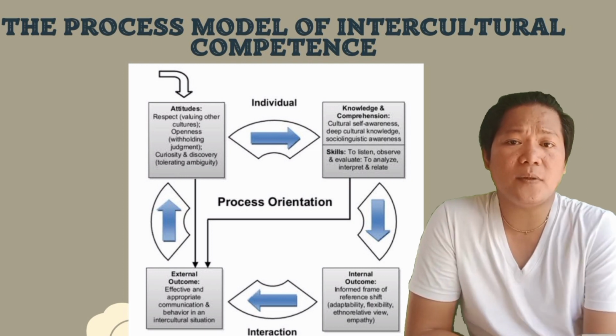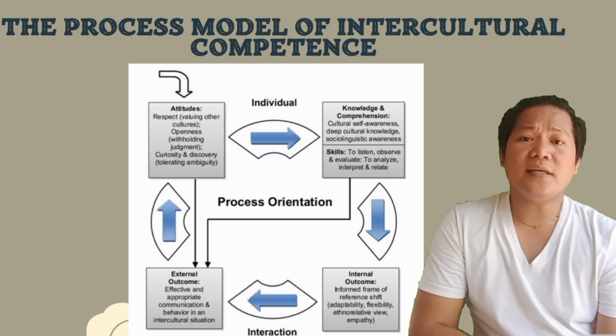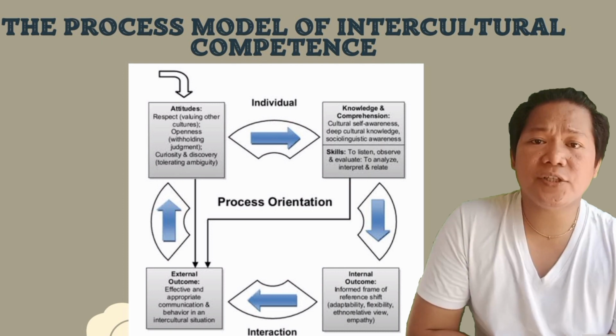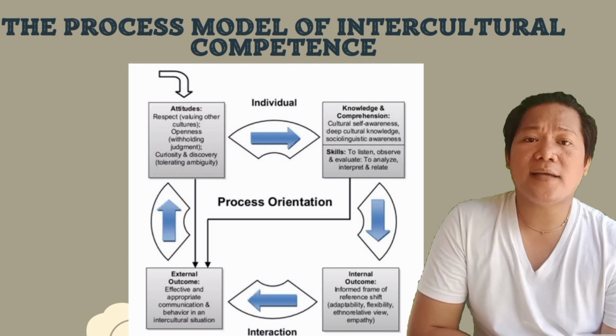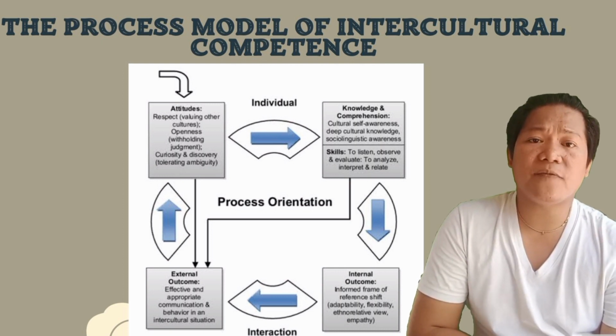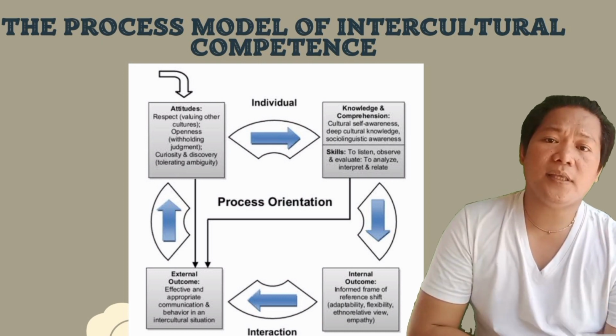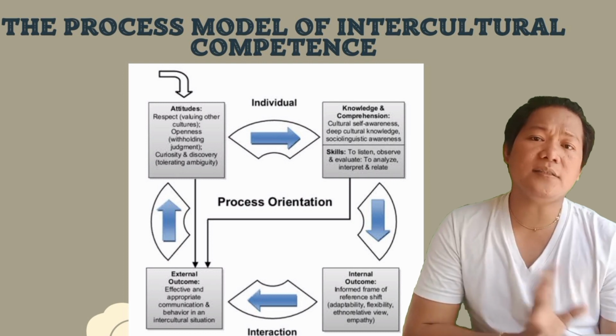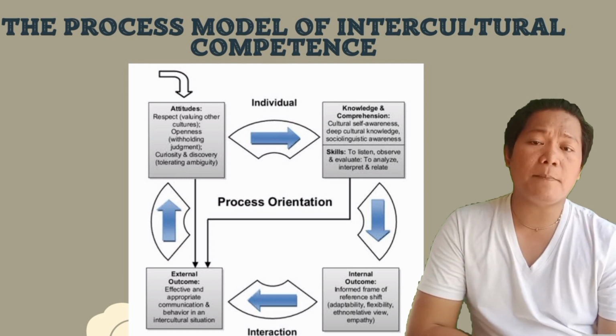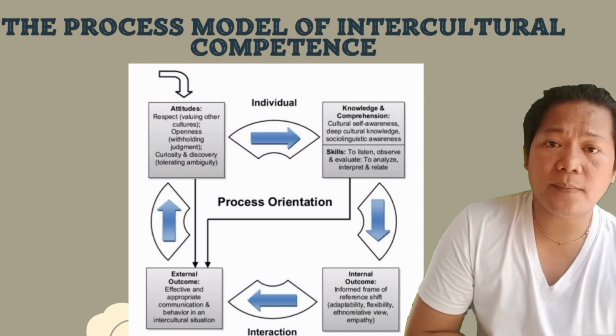So Deardorff's process model identifies key internal outcomes that may occur as a result of an informed frame of reference shift. So, namely, adaptability or an ethno-relative perspective, empathy, and a flexible mindset.